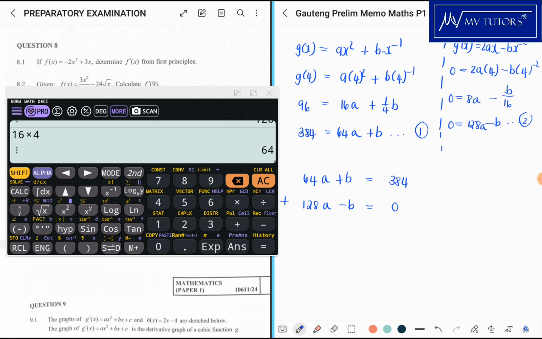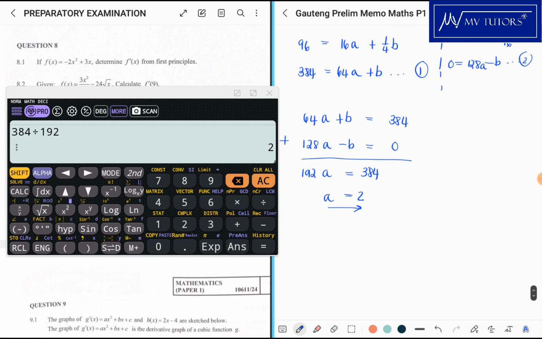Whew, yeah? But anyway, at the end, when you get your answer, please substitute it back just to make sure that you are getting the right things. So here we have 64 plus 128, and that's 192a, and then b minus b cancels out, and then 384. So what is a? 384 divided by 192, a is 2. And then you take this to any equation.